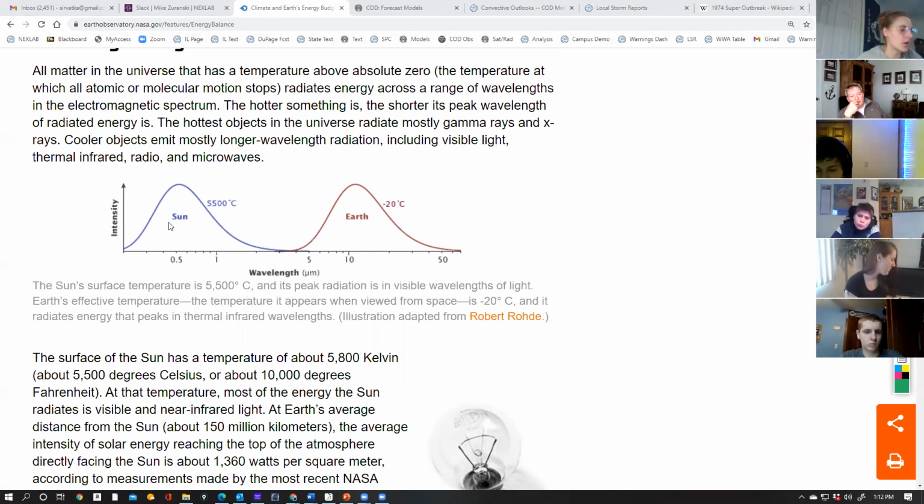Was it the energy flux? What represents the total amount of that? Shannon, what do you say? I'm having a brain fart.